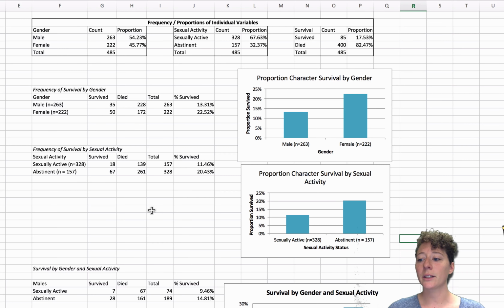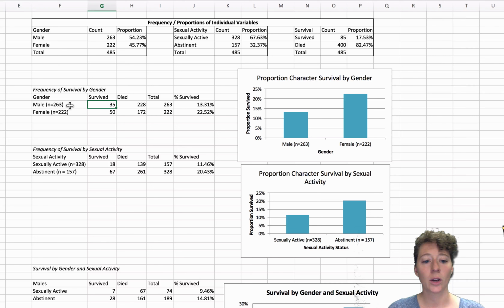survive. Next, we can look at the frequency of survival across the different groups, just looking at a single predictor. So I've already graphed these out here. But within each variable's level, so we have the predictor variable, gender, and the level of male, we used Excel to count how many.